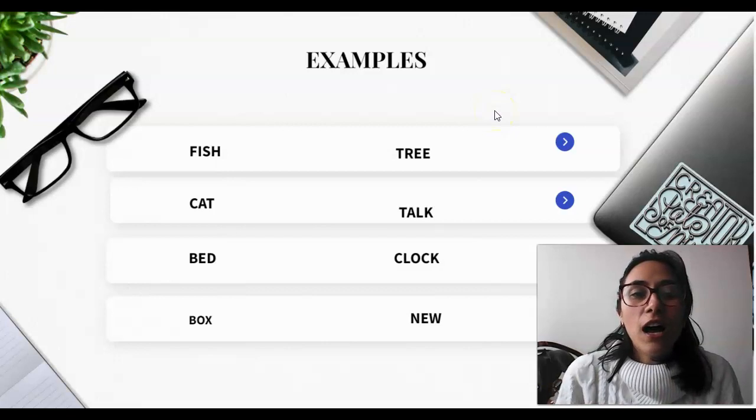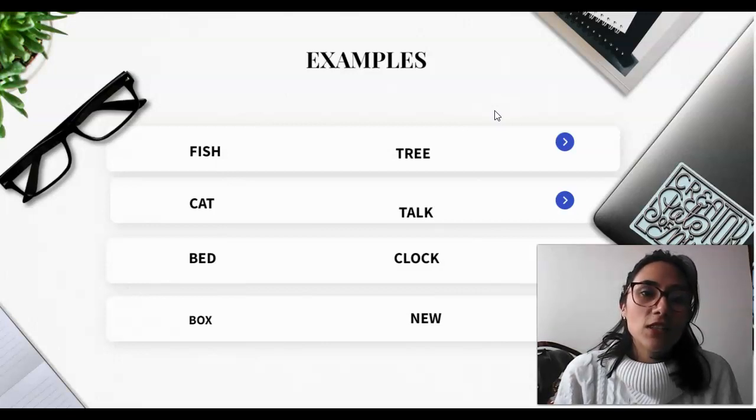Fish is an animal, but the idea is that you focus on the pronunciation of the word. Fish has a vowel with a short sound. Say fish. And look at the other word, tree. Tree is another word with a vowel, but in this case it is a long sound.